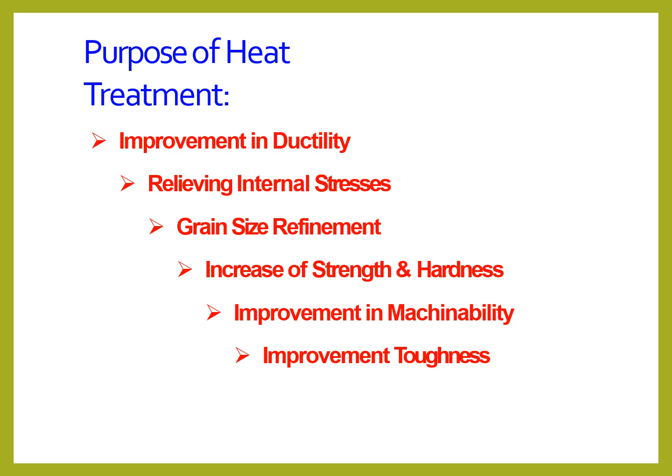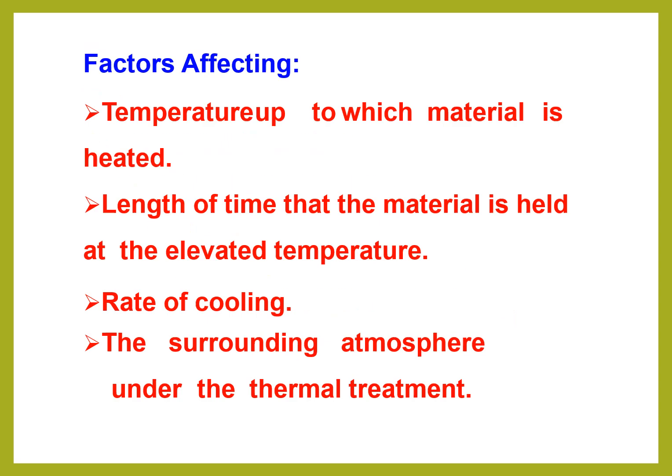Normally during casting and welding, some internal stresses are generated in the material. Those stresses we can remove by using the heat treatment process. And we can refine the grain size and increase the strength, machinability and toughness. So these are the major properties we can improve by using heat treatment.